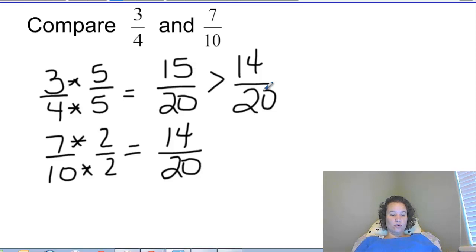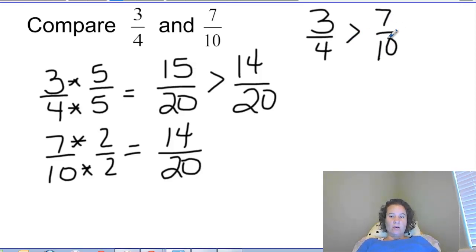And I could also go back to my original fractions and say that 3/4, which was my 15/20, is greater than 7/10, which was my 14/20. So I can now compare my original fractions because I changed them so that they had a common denominator.